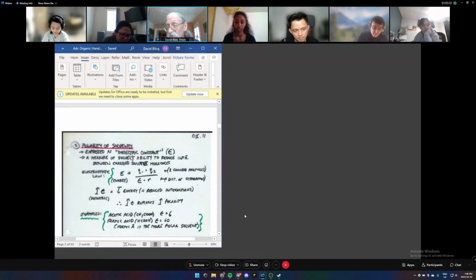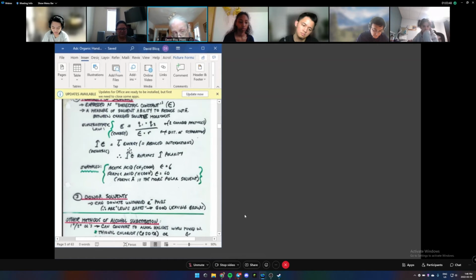It's the same equation. The closer things are together, R, the separation, you get a different or larger energy involved, and you have two charged particles. This is the law. With a higher dielectric value, you get lower energy and reduced interactions.